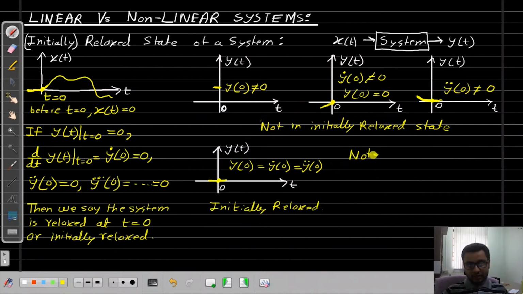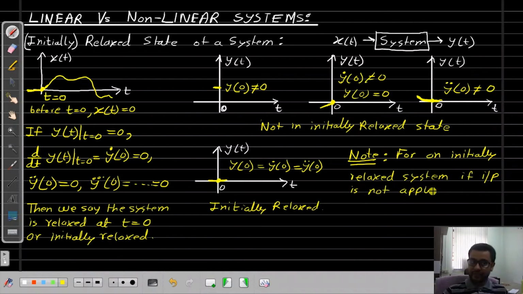Now please note that for an initially relaxed system, if input is not given or not applied, output will remain 0 forever after.